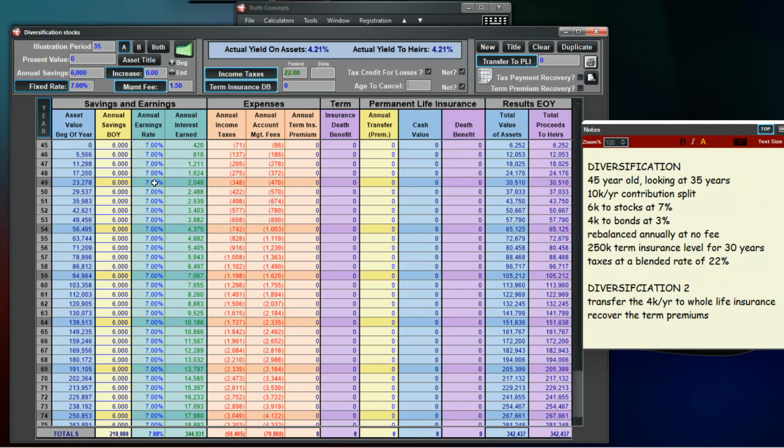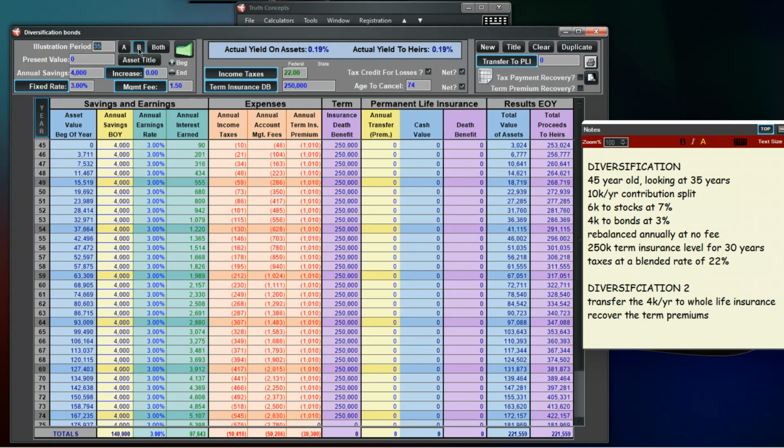This is just part of the deal, but you will see down here on the right, this is the other bottom line to look at, and that is the total account value, and then the proceeds to heirs right now are just the account value. So this is just the stock part. Now when I go to B, now we have $4,000 a year going into the bond account. So here we have a 3% rate that we chose for the bonds, the same 1.5% management fee.